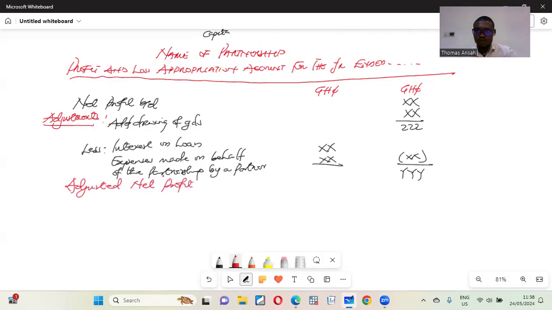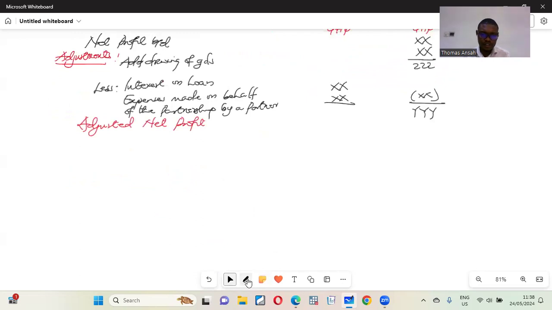So the next thing we need to do now is to add the appropriation part. The main appropriation part goes like this. Some people would take money, and we call it drawings. Whether it is drawings of goods or drawings of cash, whenever you make any form of withdrawal, the partnership will charge you interest.